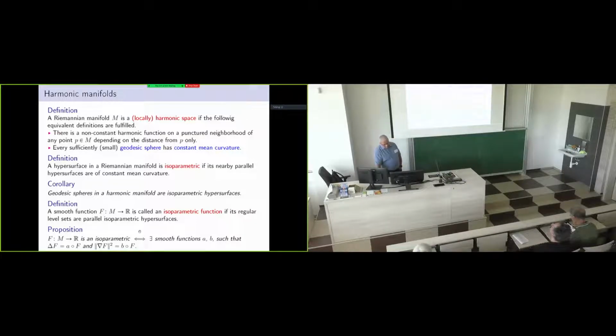There is a computational method to check whether a smooth function is isoparametric: we compute the Laplacian of f and the squared length of the gradient of f, and if both can be expressed as the composition of f with some smooth functions a and b respectively, then f is isoparametric, and vice versa.